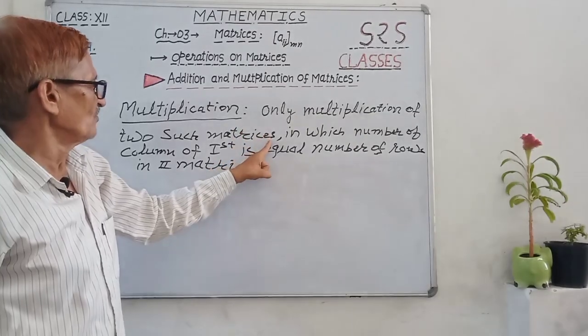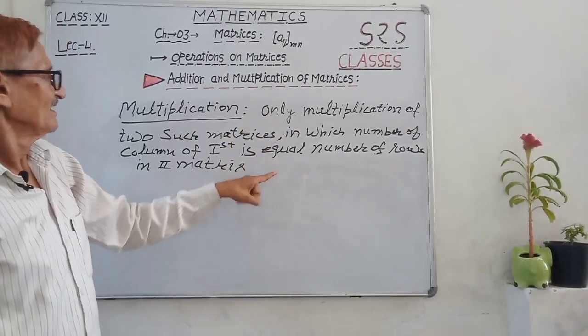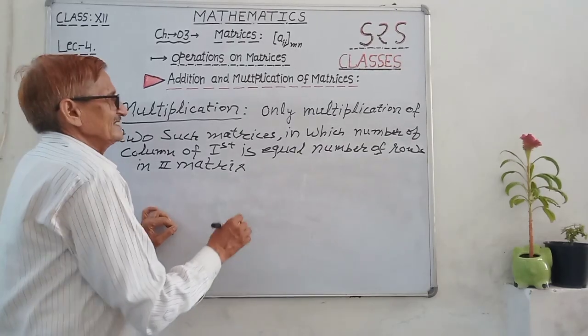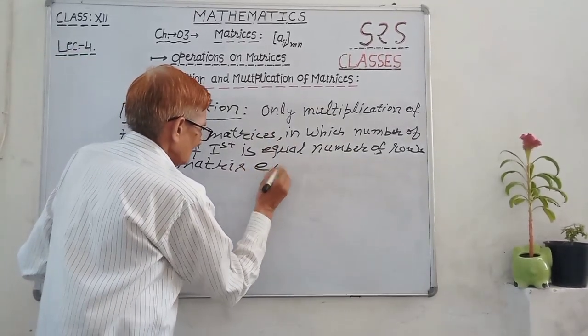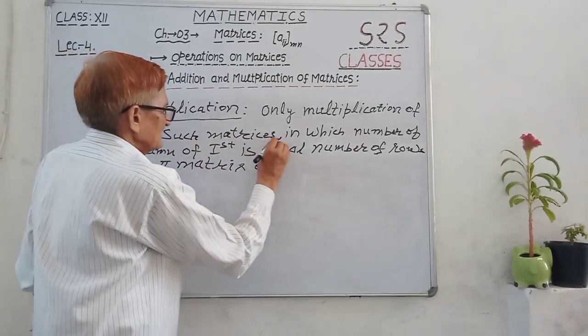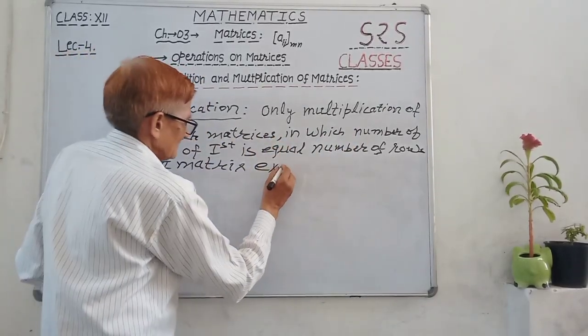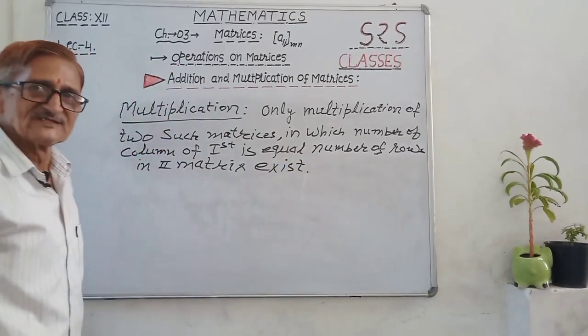Understand this thing. Here note the sentence, comma, in which... multiplication of two such matrices exists, otherwise not.